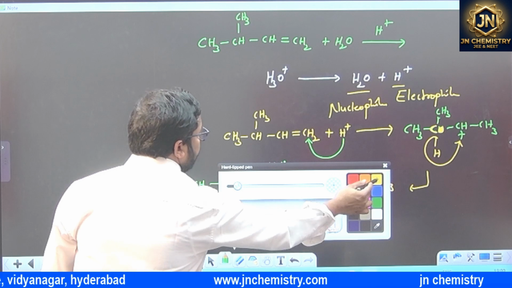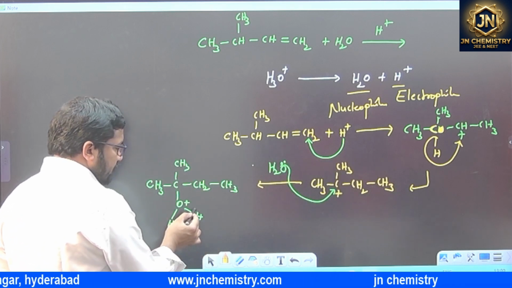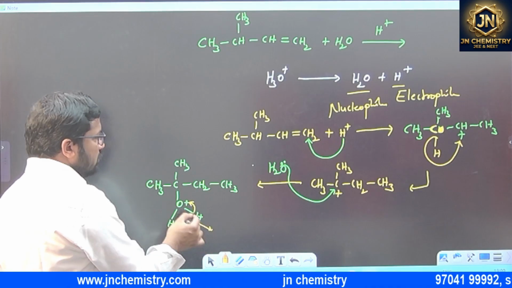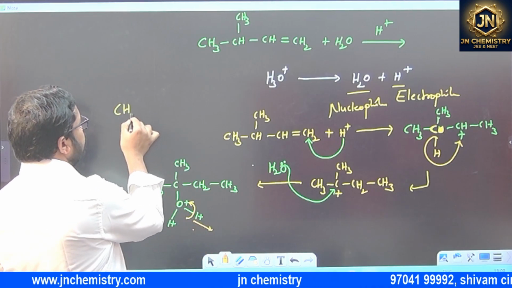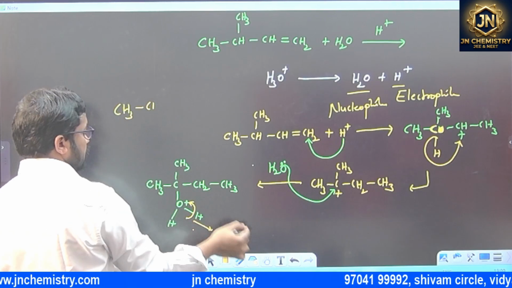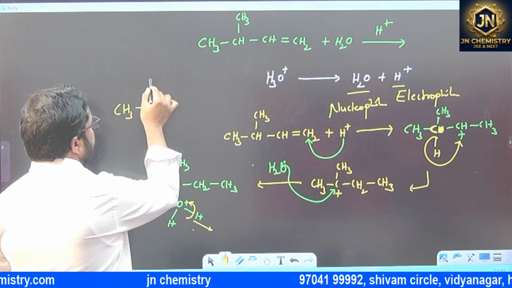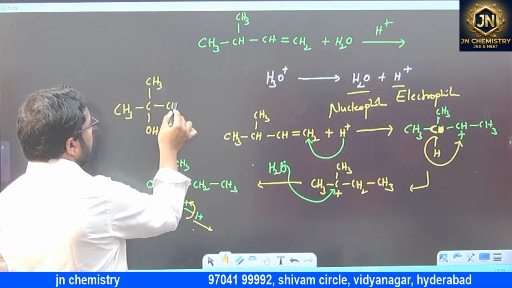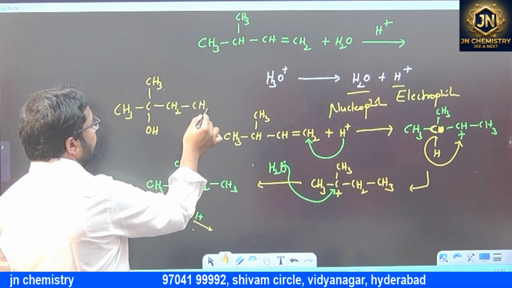Now what exactly happens? This oxygen takes the hydrogen's electrons, H plus is going out. So particularly we will get CH3, CH3, same as it is, with OH like that only.